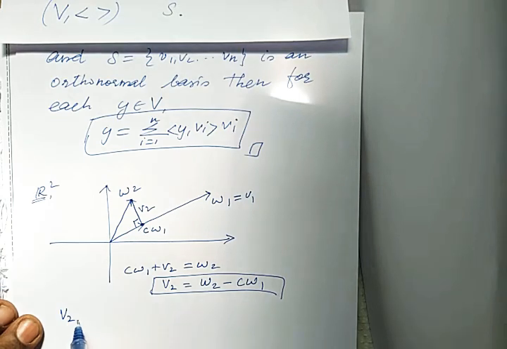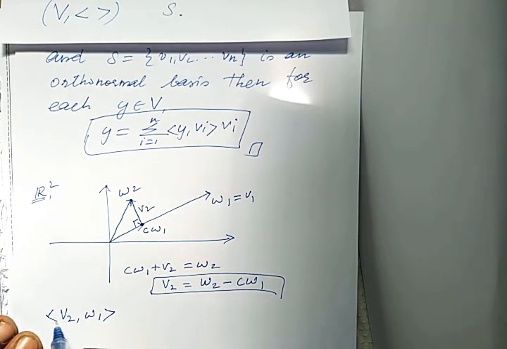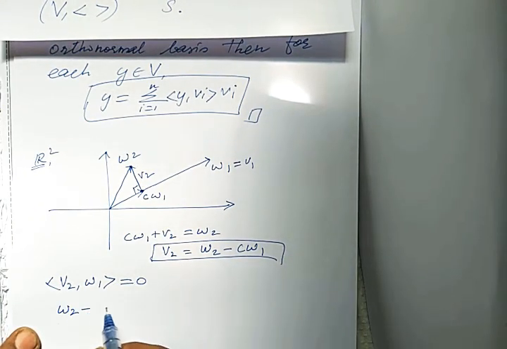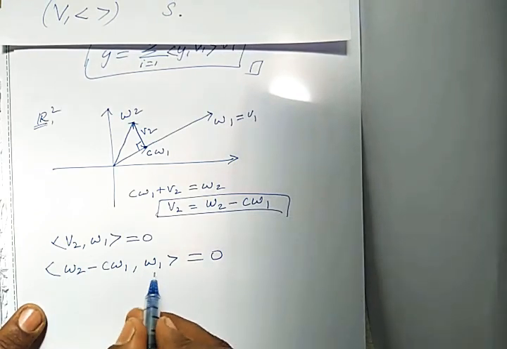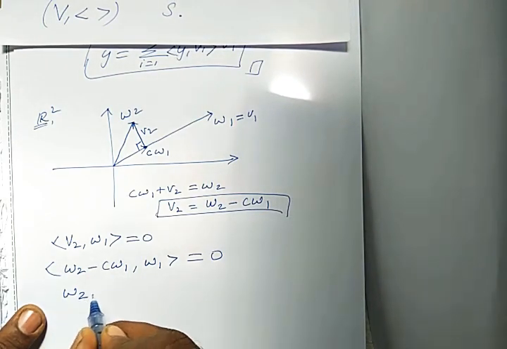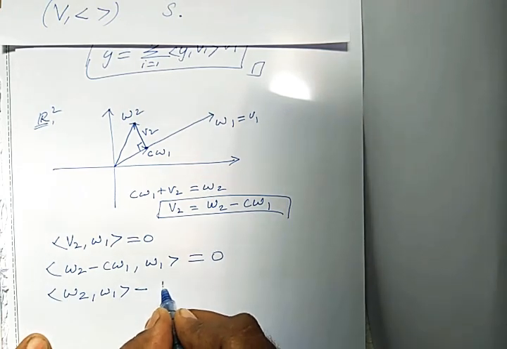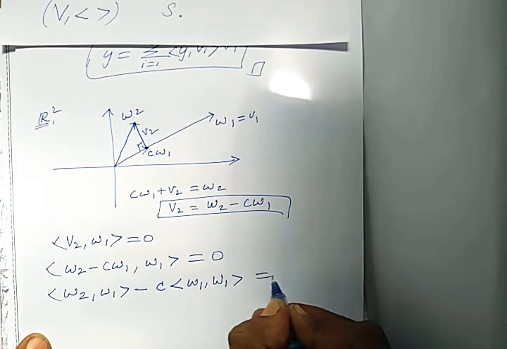So the inner product of V2 with W1, or V1, let us put W1 now, is clearly 0, right? Now let us take the inner product. What is V2? W2 minus CW1, and this one. This is equal to 0. If we expand this, we get inner product of W2 comma W1 minus C, we can take C outside, times inner product of W1 comma W1, equal to 0.